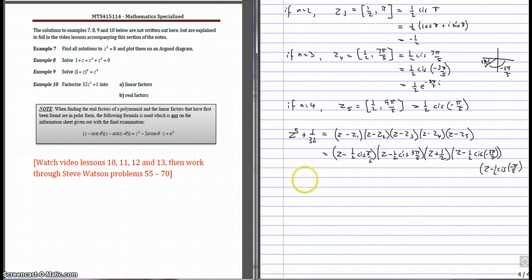So let's group it according to their conjugates, and as we list the linear factors.